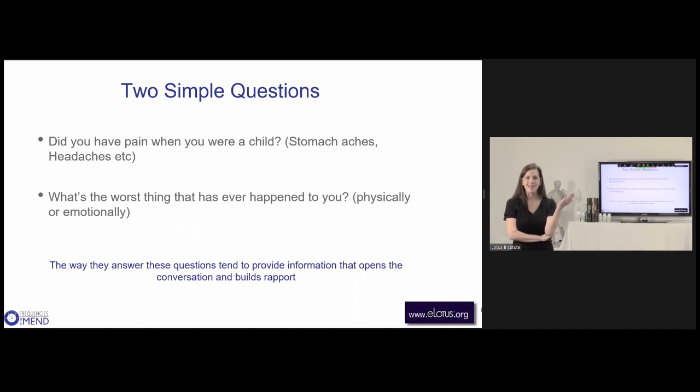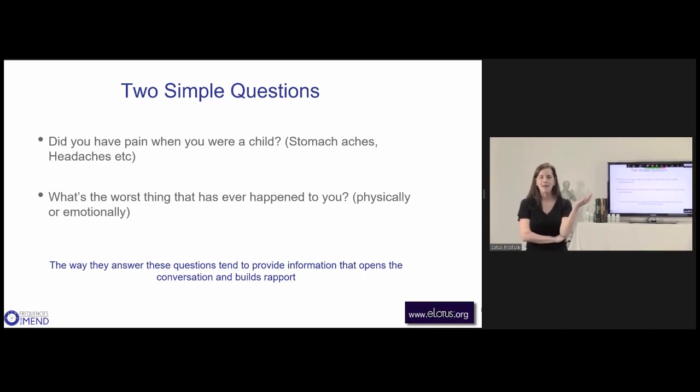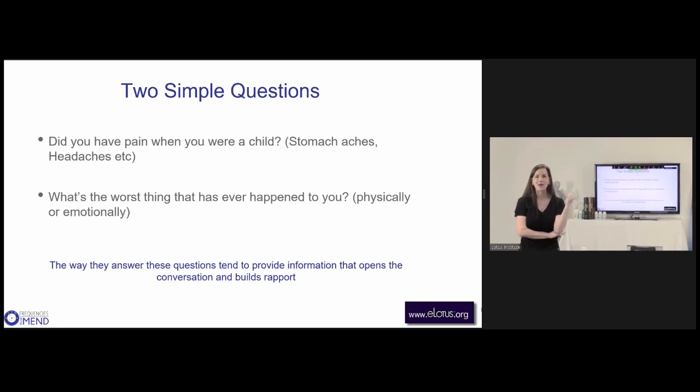And the data says that if you had pain as a child, there's an 80% likelihood that you have ACEs. So just by yes or no with that, I already have a data point really fast. I don't have to ask a lot of questions, like were your mom and dad mean to you when you were a kid? I don't have to ask anything personal on that first visit. I can ask this benign question that gives me so much information.